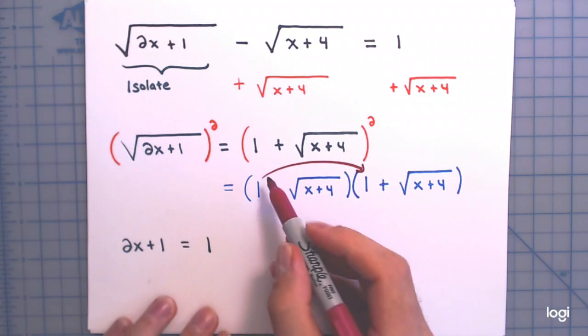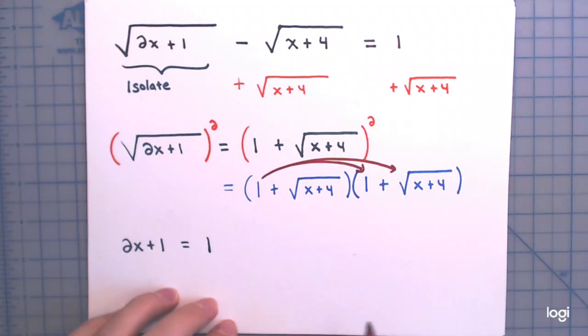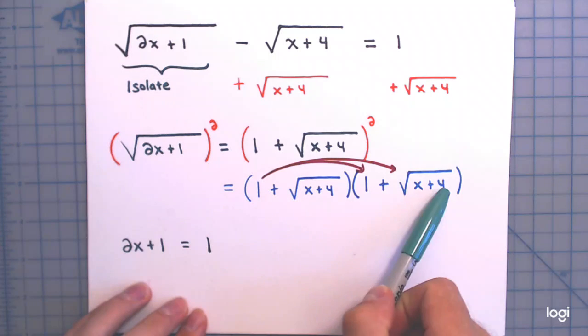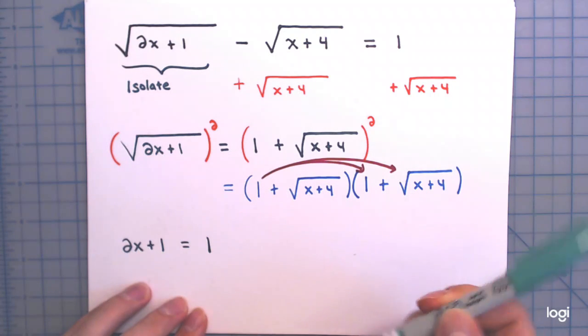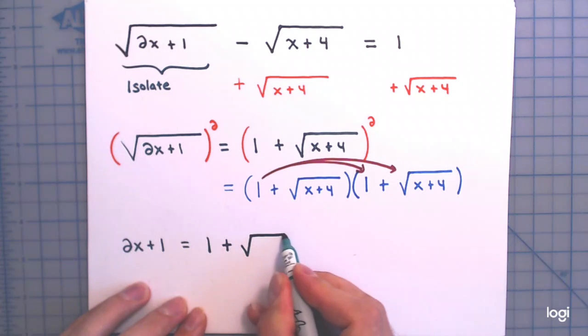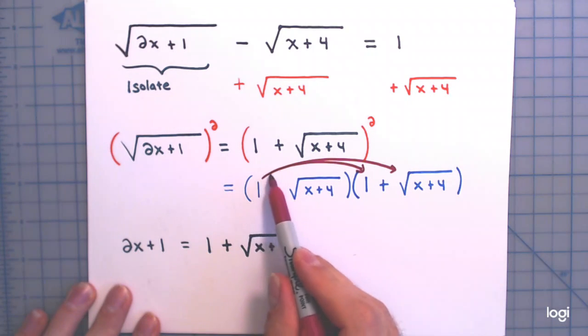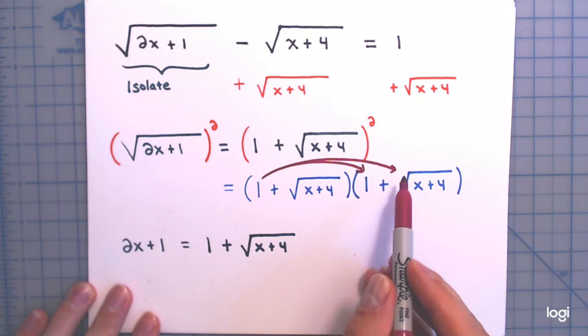The next term, I'll be taking 1 times the positive square root of x plus 4. Well, 1 times anything is itself, so 1 times the square root of x plus 4 will be positive square root of x plus 4. So that's the next term. Then I'm done with the 1. I distributed the 1 to these two.